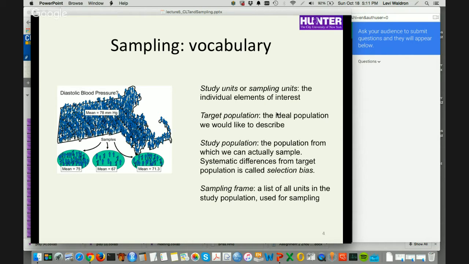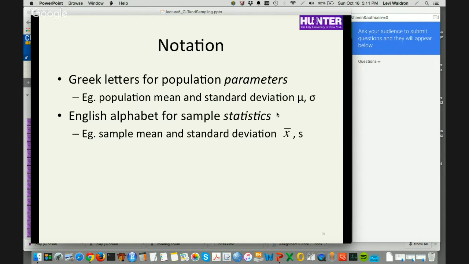And then finally, the sampling frame is a formally written down list of all the units in the study population that we can use for sampling. In order to draw a sample, you need to start with some large list that you can then use a random number generator on in order to produce samples.